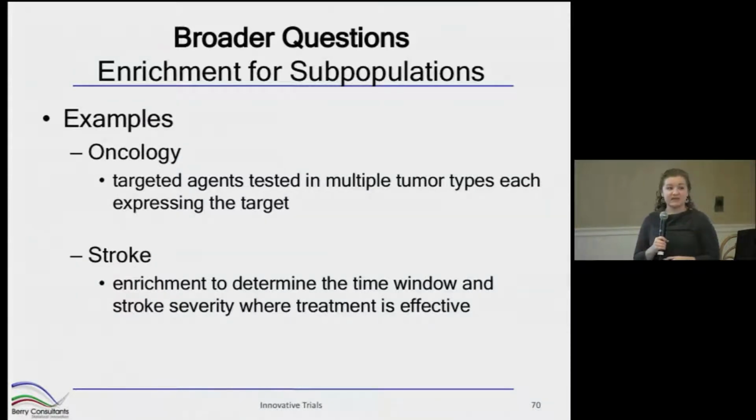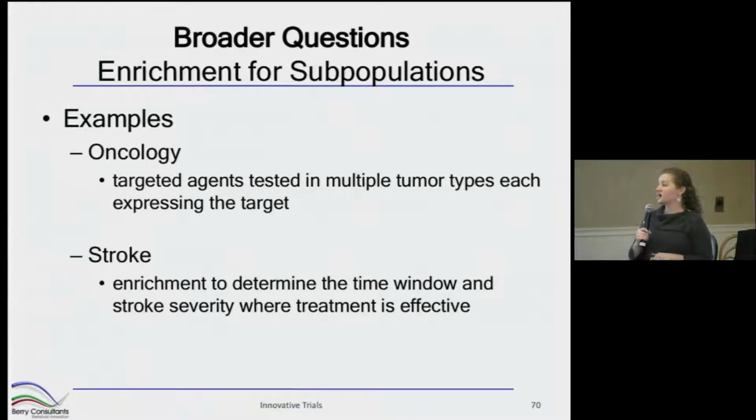Some examples of this. We've seen this in a lot of oncology trials, in particular when we're looking at a targeted therapy that's tested in multiple tumor types. The idea is that maybe it's not as important where the tumor originated, but rather the molecular target of the agent and whether it's going to be beneficial in patients with those types of tumors.